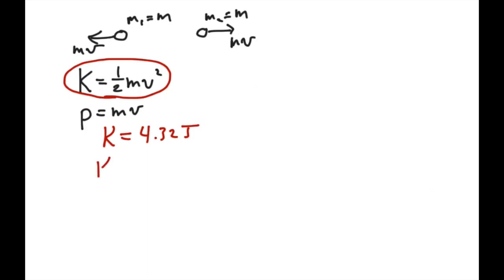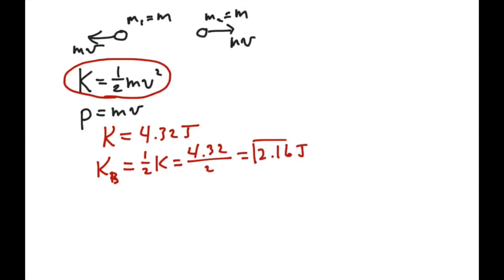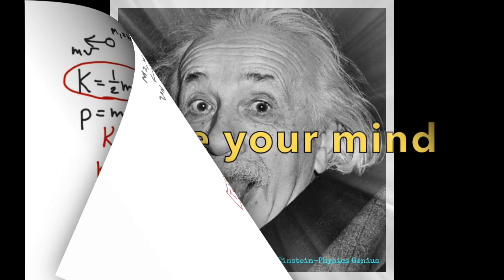So the kinetic energy of mass 2, or particle B, is going to be 1/2 the total kinetic energy. And that's going to be 4.32 joules divided by 2, or 2.16 joules. So the kinetic energy of particle B is 2.16 joules.